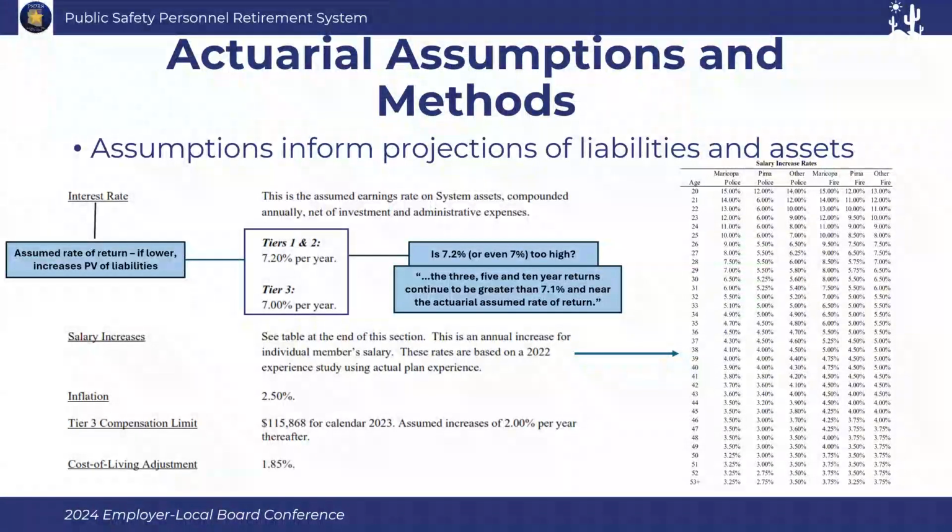The problem, as with any forecasting or any projections over time and estimating, is you never know what's going to come down the road, and who could predict a global pandemic and the subsequent inflation that was associated with it. So I just want to highlight that these are based on actual experience valuations every 5 years.